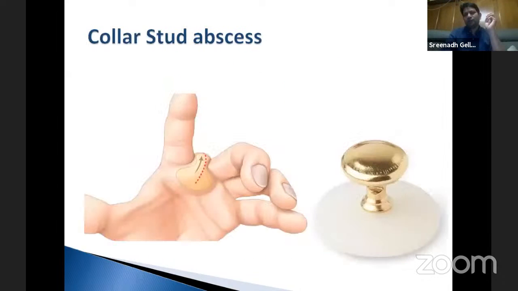So if I go back here, this collar stud abscess is because of the web space infection. If you look in between the two web spaces, the two metacarpals are attached to each other by the intermetacarpal ligament.